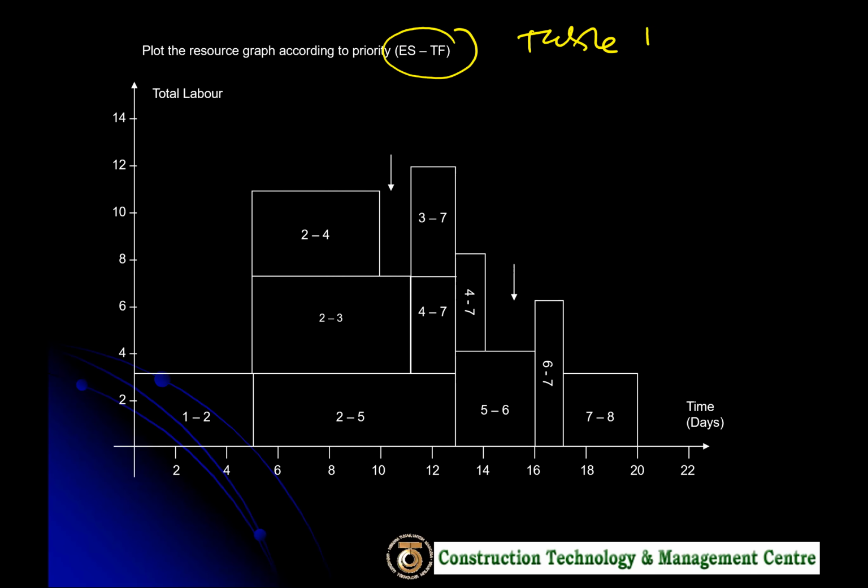This graph is, I would say, a 3-in-1 graph. Time and total labor, that is 2 already. Which one is the other one? The other one is, you see, this one: the activity name.